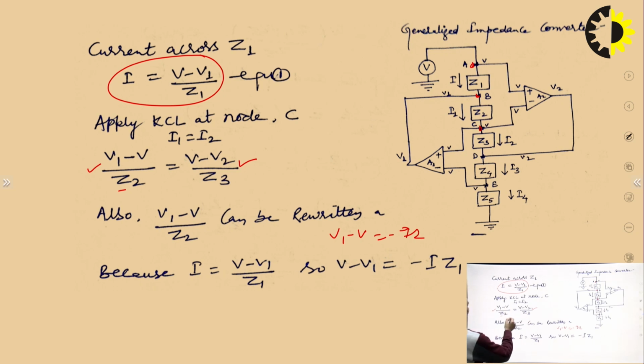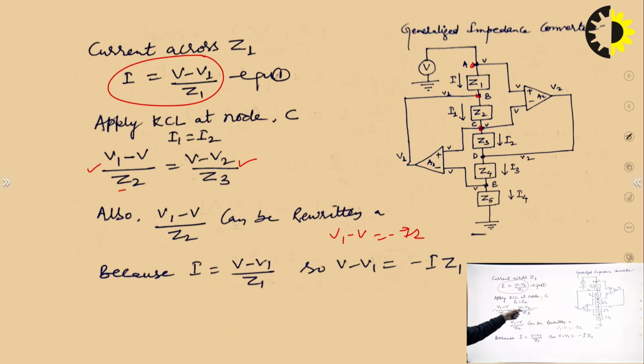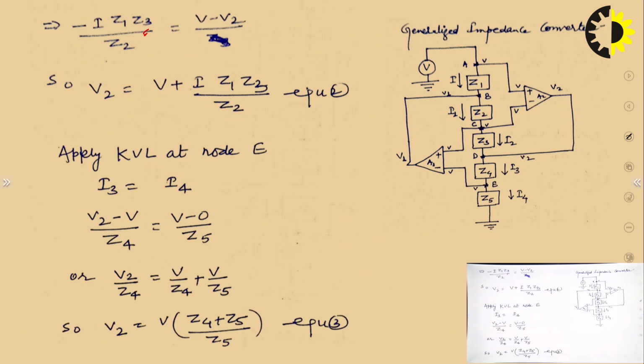Z3 will move here and you will get Z3 is equal to V minus V2. So, now you can say that V2 is equal to V plus I Z1 Z3 upon Z2. From this equation you will get it.